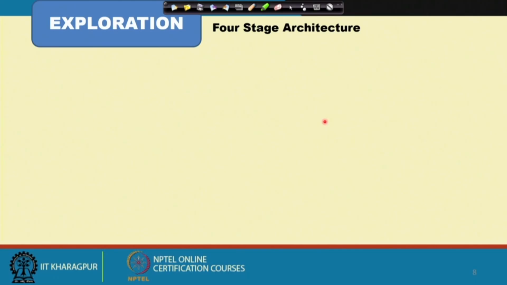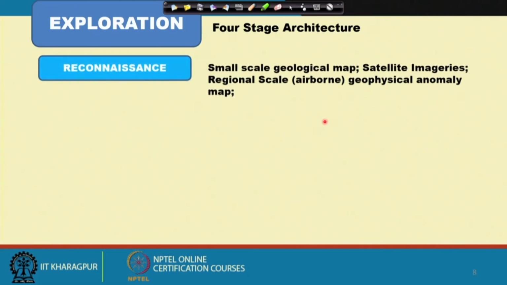Welcome to today's lecture. We have been discussing the 4-stage architecture of mineral exploration, and we just started with the reconnaissance stage, which is the first stage. Our materials are geological maps, small scale geological maps, and reports written by workers who have worked in the area before.